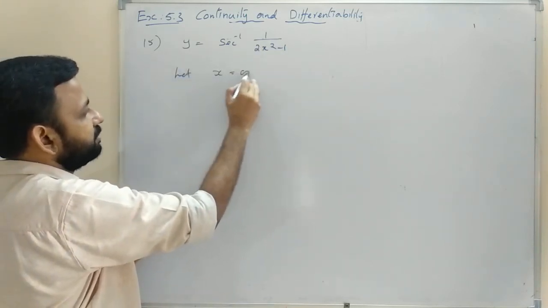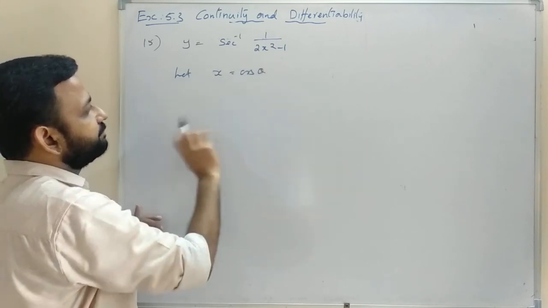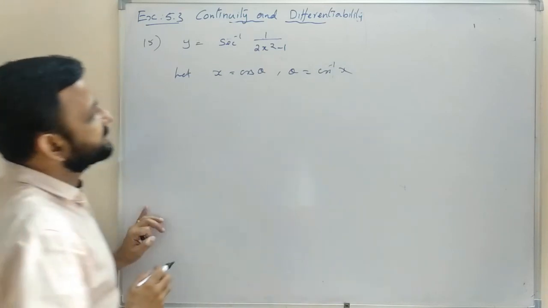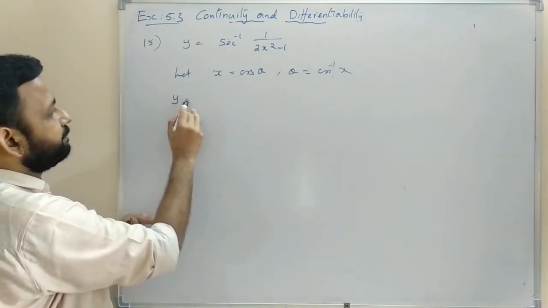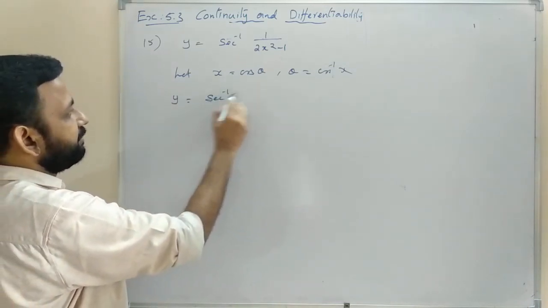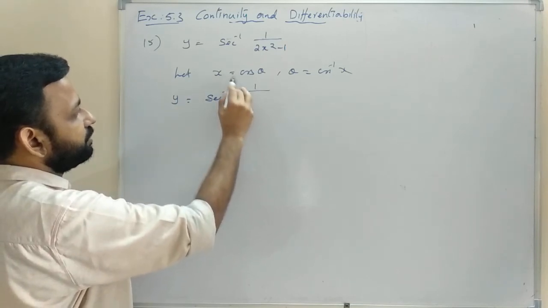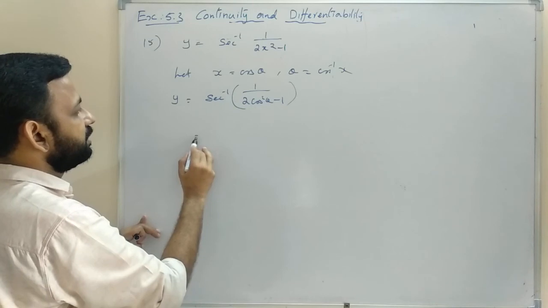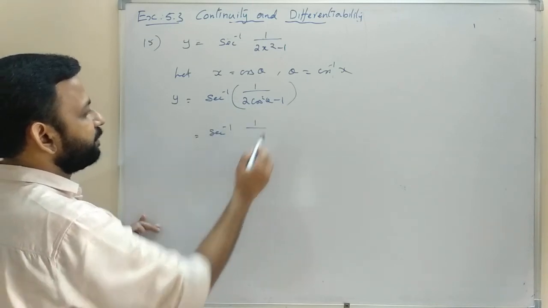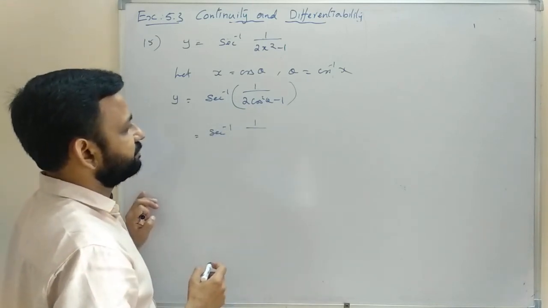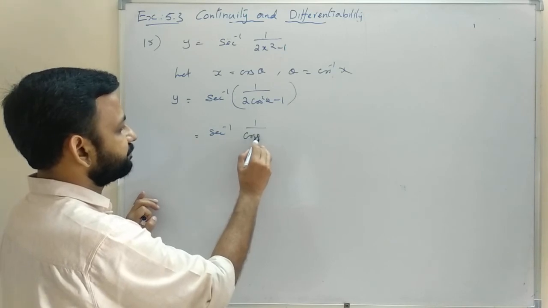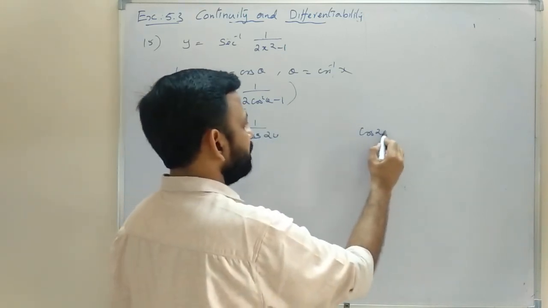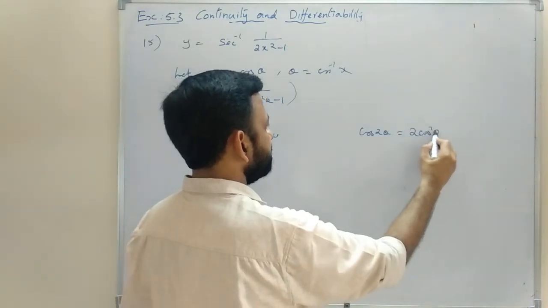Let x is equal to cos theta, then theta is equal to cos inverse x, then y is equal to sec inverse 1 upon 2 cos square theta minus 1. Cos 2 theta is 2 cos square theta minus 1.